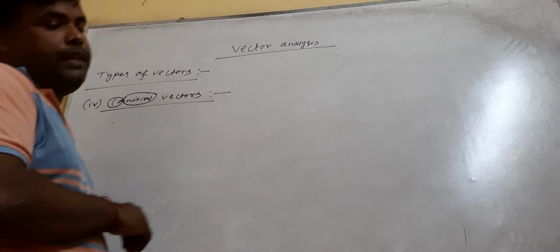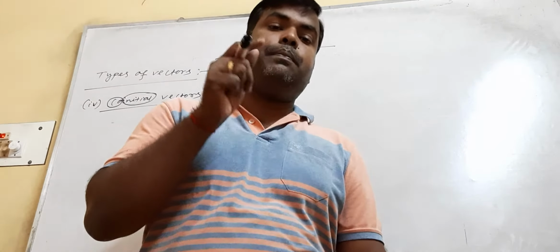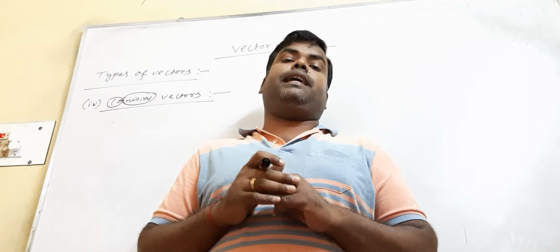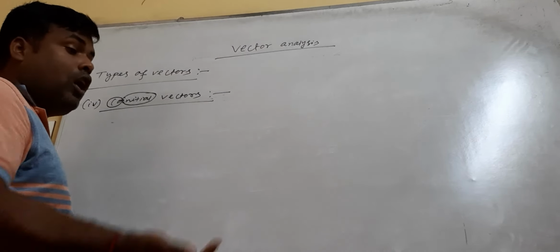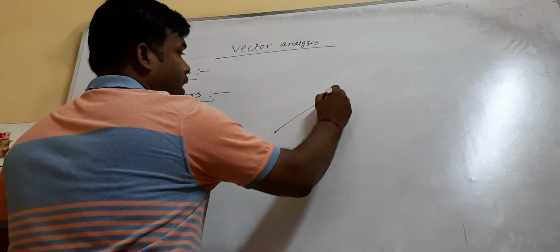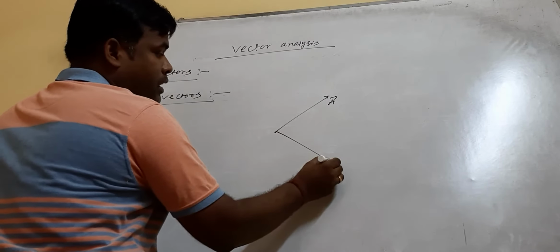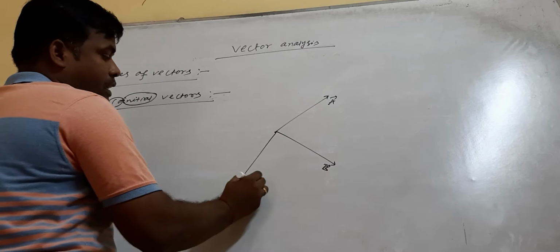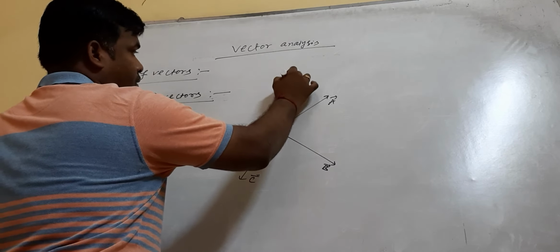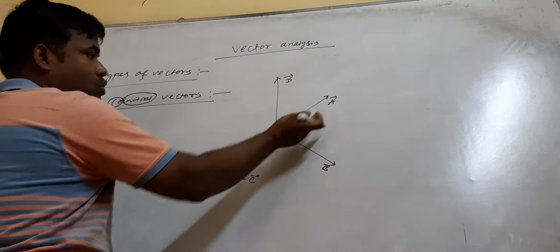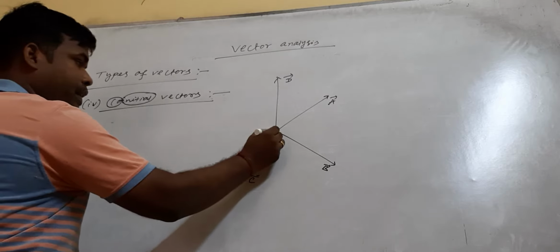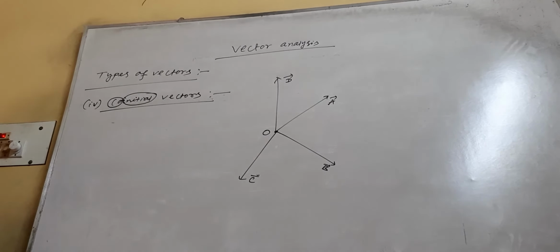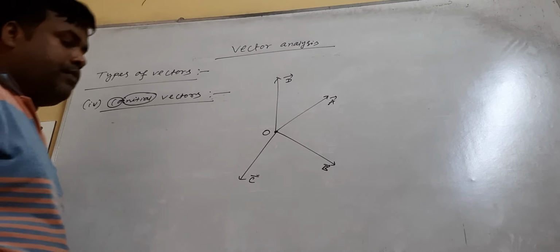Vectors are said to be co-initial vectors if they have the same or a common starting point, whatever their magnitudes or directions may be. It is like A vector, B vector, C vector, D vector. Whatever their magnitudes or directions, that doesn't matter. If their starting point is the same, then these vectors are said to be co-initial vectors.